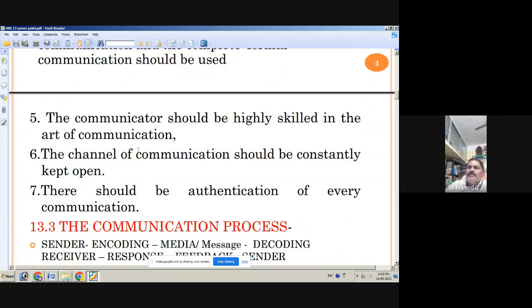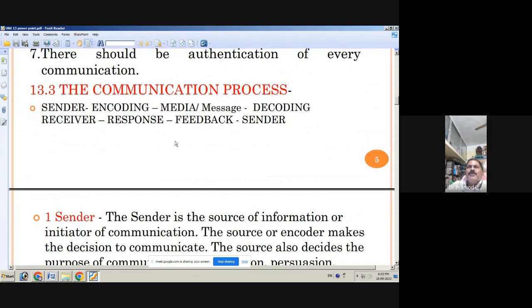And you all know that communication is definitely a process. Sender is there, encoding is there, media is there.